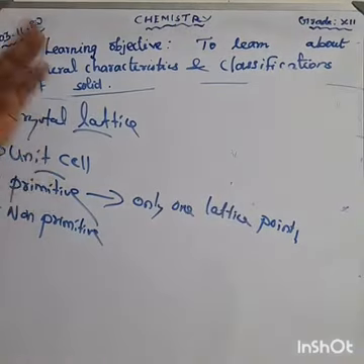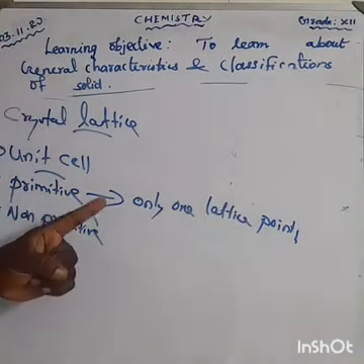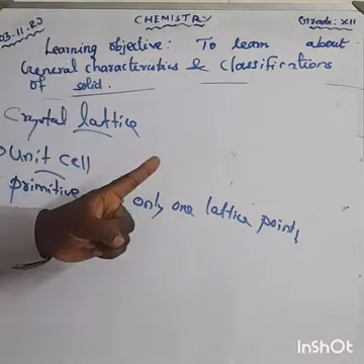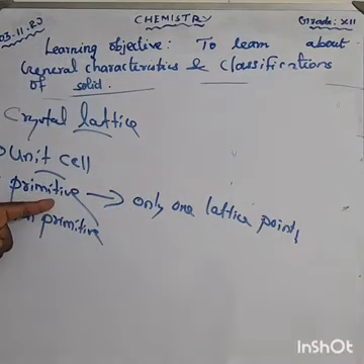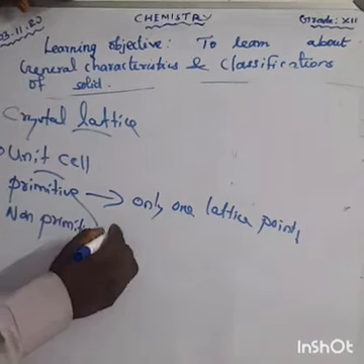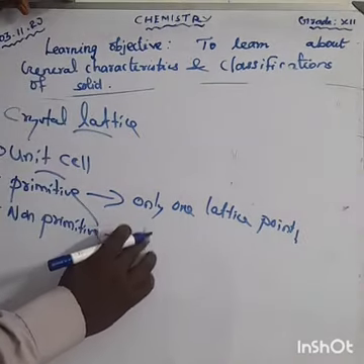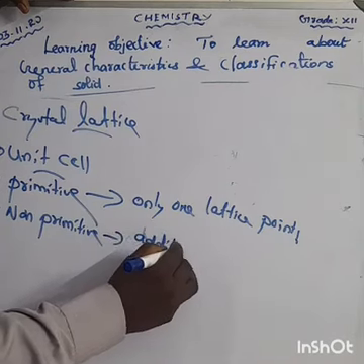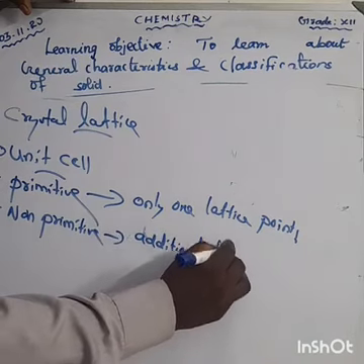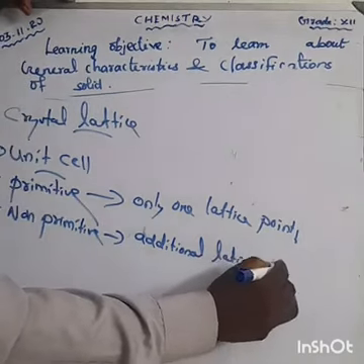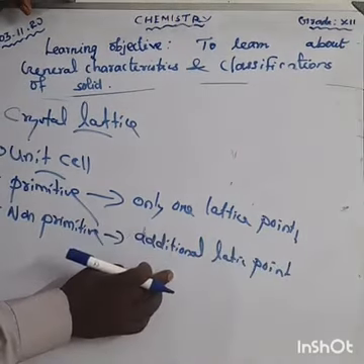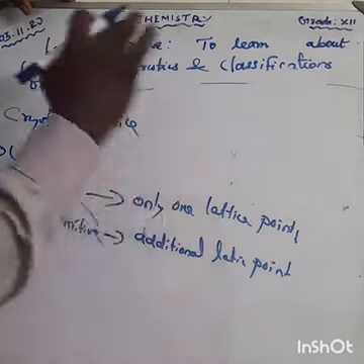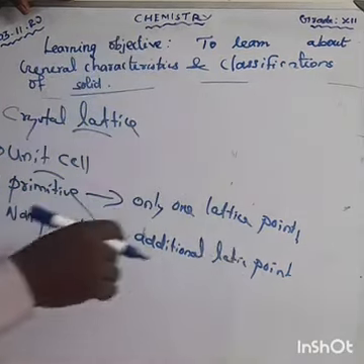A unit cell containing only one lattice point is called a primitive unit cell. What is a non-primitive unit cell? There are additional lattice points, either on the face of the unit cell or within the unit cell.